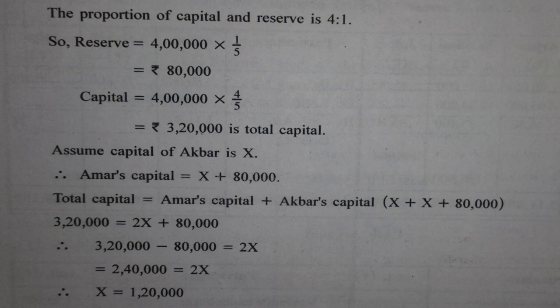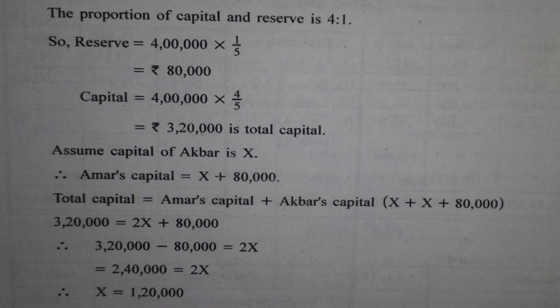So 4 lakh is divided in the proportion of 4:1, and you have obtained the respective amount of reserve and capital. Reserve is of rupees 80,000. Capital is of rupees 3,20,000.